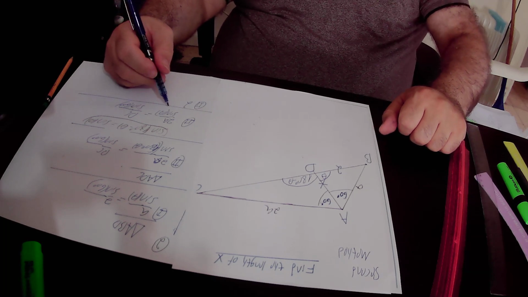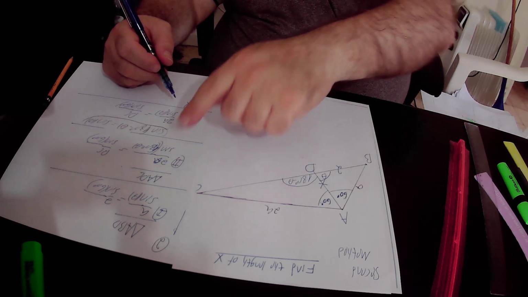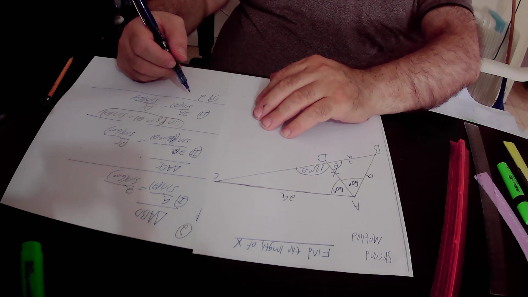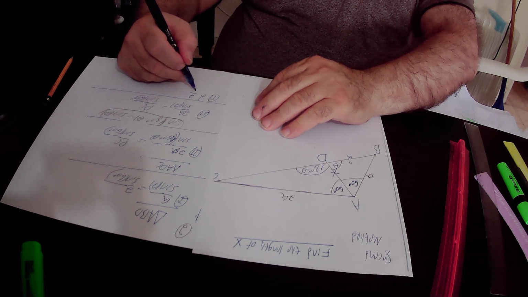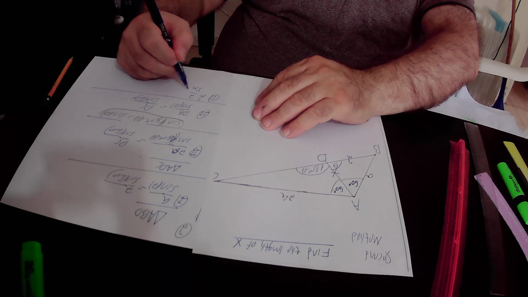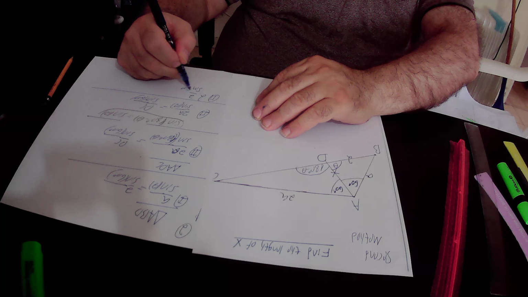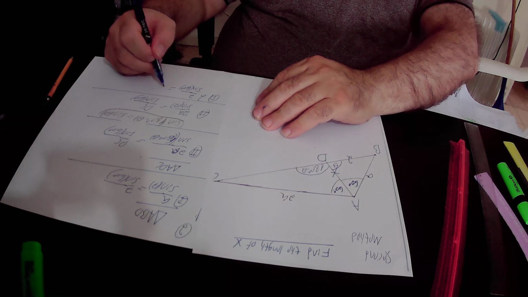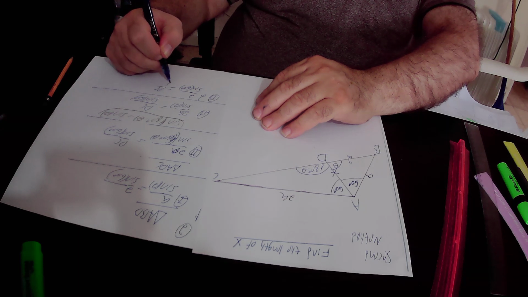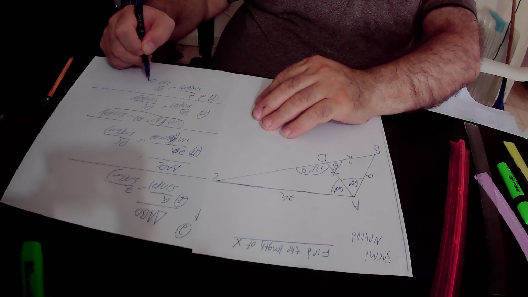So actually, we have 2a over sine theta, but a over sine theta, according to equation number 1, equals 2 over sine 60 degrees. So we substitute a over sine theta by 2 over sine 60 degrees. This is 2 times 2 over sine 60 degrees, and it is equal to DC over sine 60 degrees.